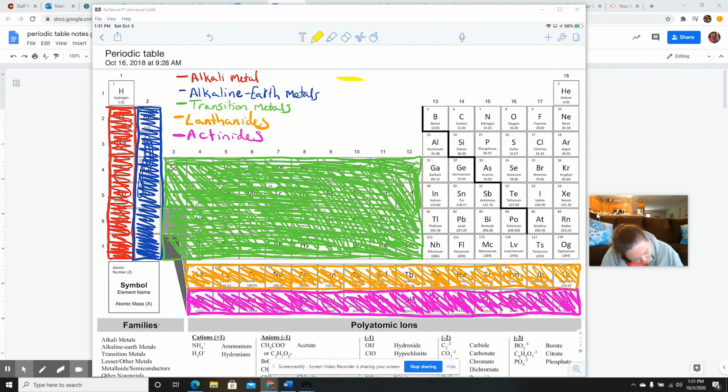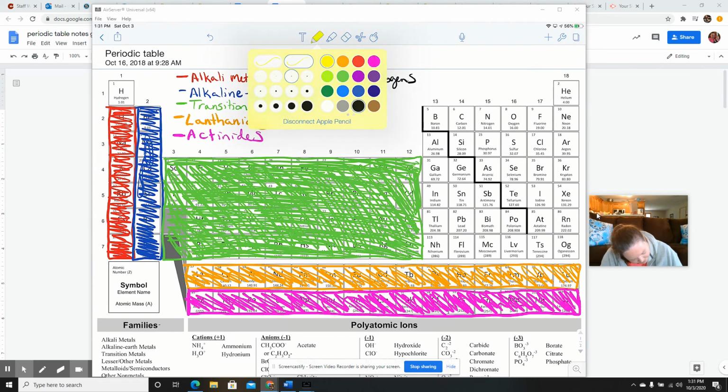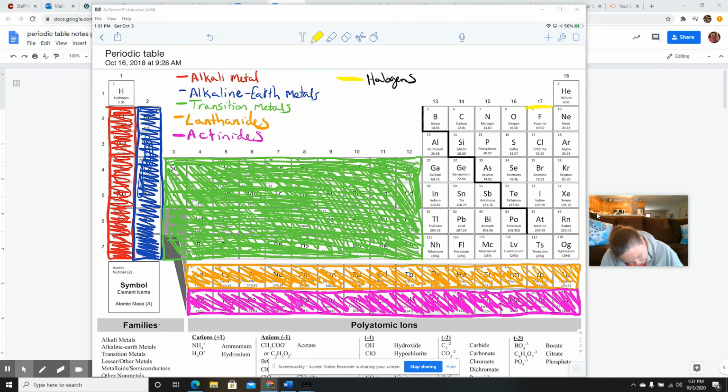In yellow, I'm going to put the halogens. Put the halogens in yellow.